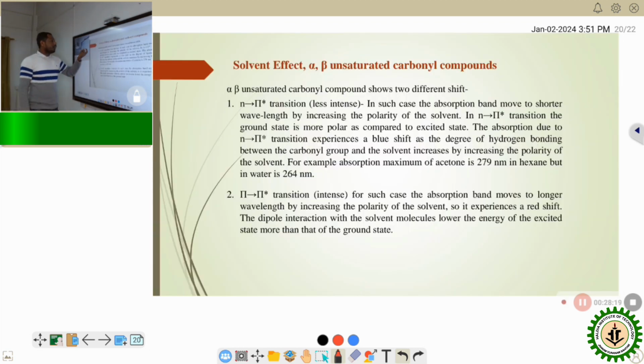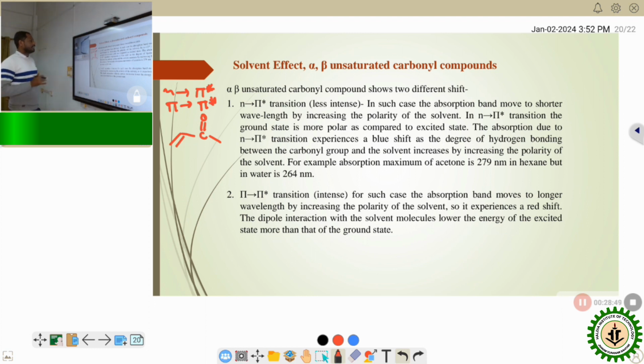Now, the solvent effect on alpha beta unsaturated carbonyl compounds. In such a compound, what type of electronic transition takes place? Maybe n to pi star transition and pi to pi star transition take place. So what is the effect of solvent in that case?